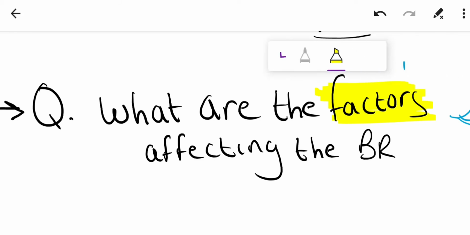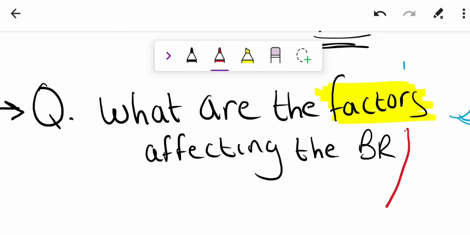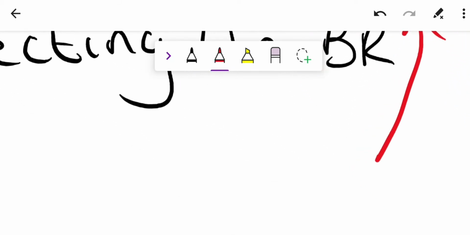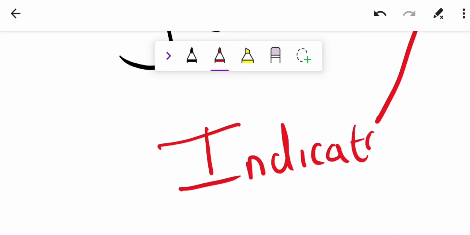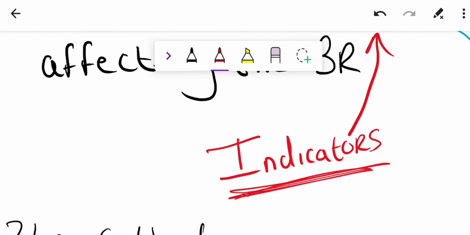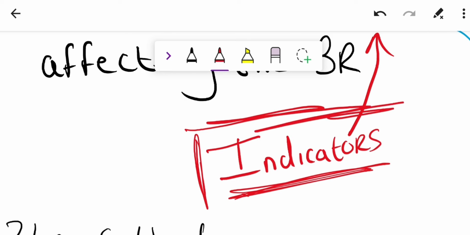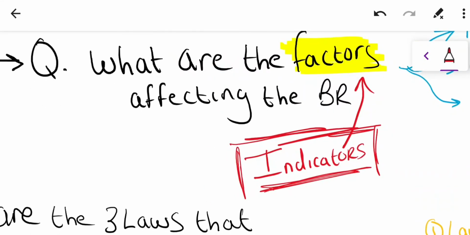Because they could change this and switch it for what are the indicators. And if they change it for indicators, the answer will be different. But it's saying factors, okay? So what are the factors?